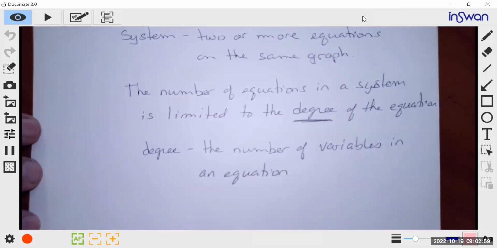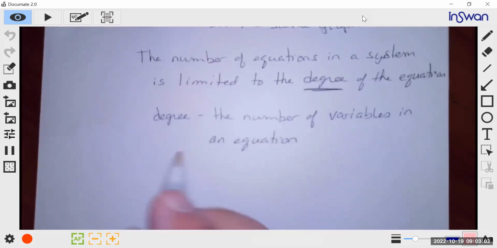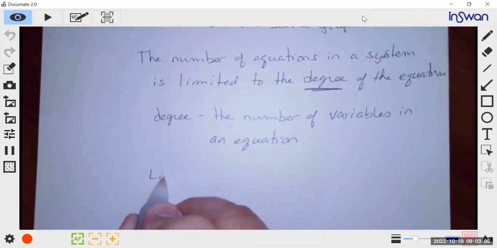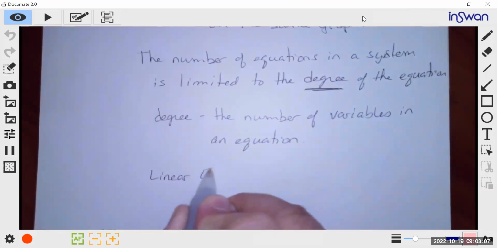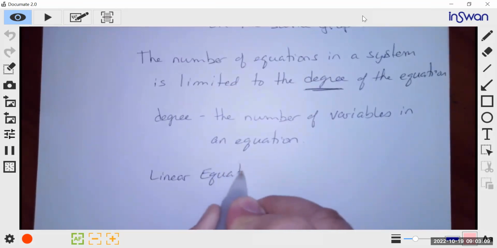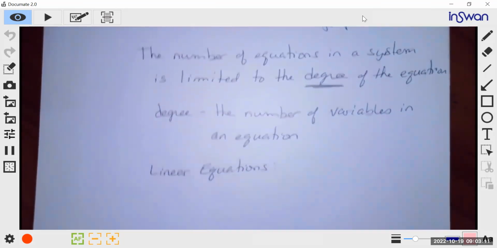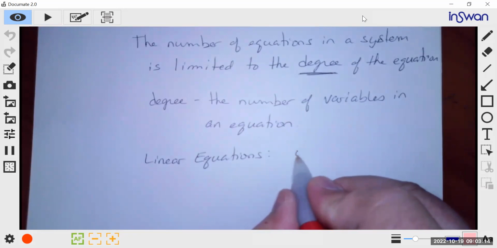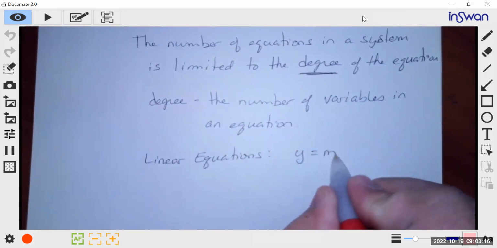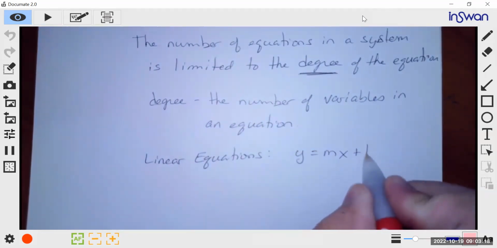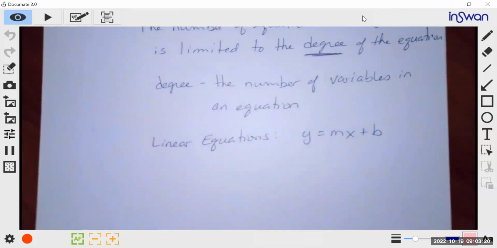It also matters the number of terms in an equation. Since we're dealing with linear equations, our equations look something like this. We only have two variables, x and y, 3 terms maximum.